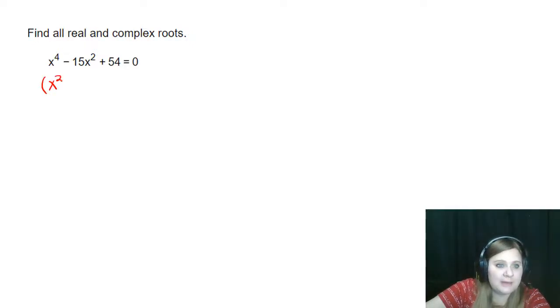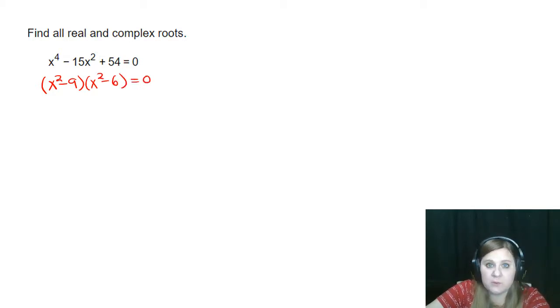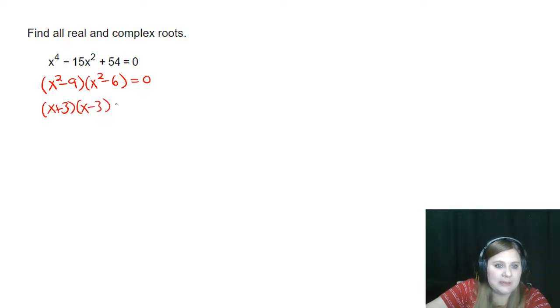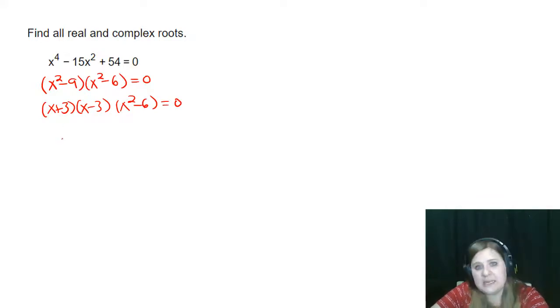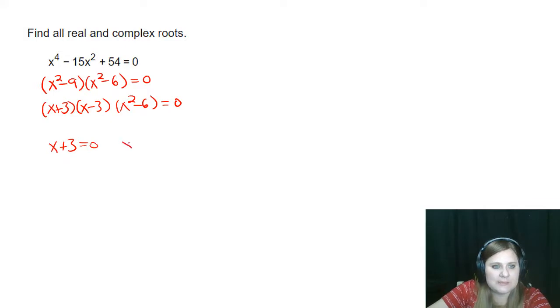If I factor it, I'm going to have x squared minus 9 times x squared minus 6 equals 0. Now, x squared minus 9 does factor to be x plus 3, x minus 3, whereas x squared minus 6 doesn't factor. But now I'm going to set each thing equal to 0. So I have x plus 3 equals 0, x minus 3 equals 0, and x squared minus 6 equals 0.